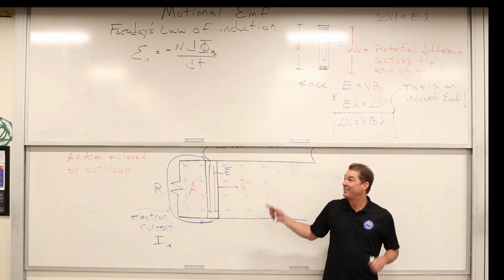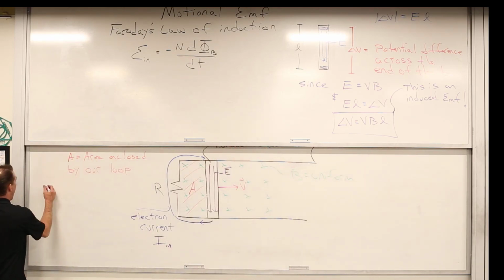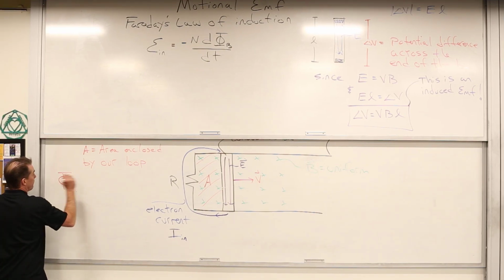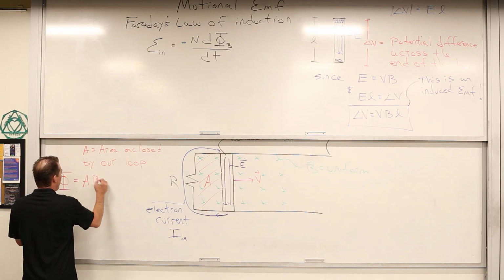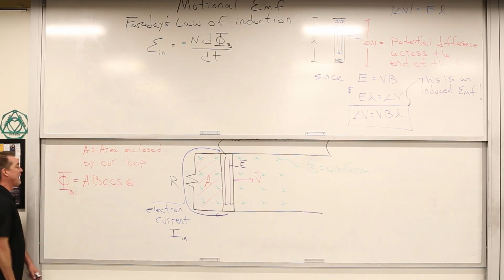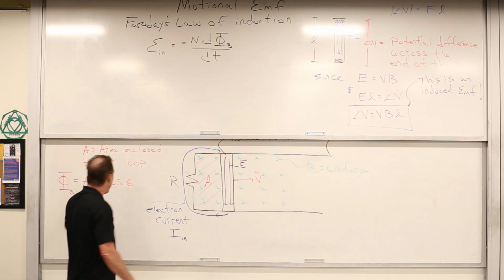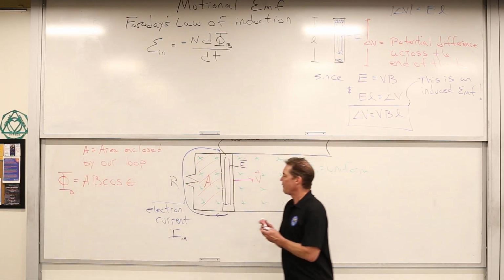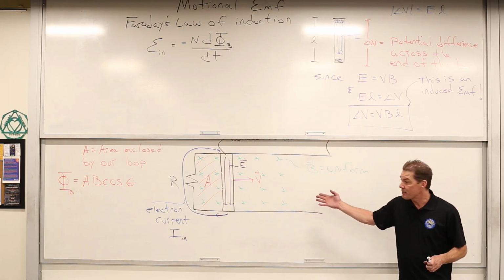What does that mean? That means that there's a change in flux, because we will have, in general, for these constant cases, that the flux is equal to AB times the cosine of theta. And this is magnetic field flux. AB times the cosine of theta. B is constant. Theta is the angle between the area vector and the magnetic field vector, which is constant in this case, 0 degrees.